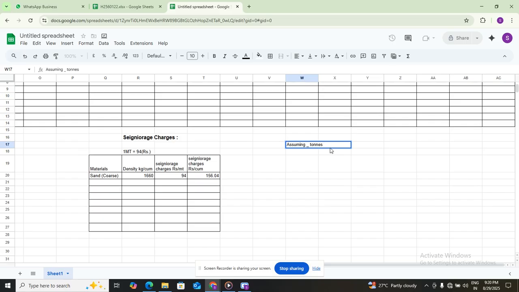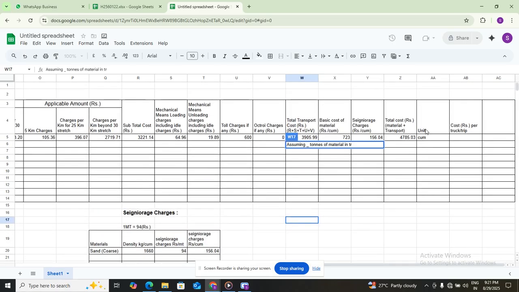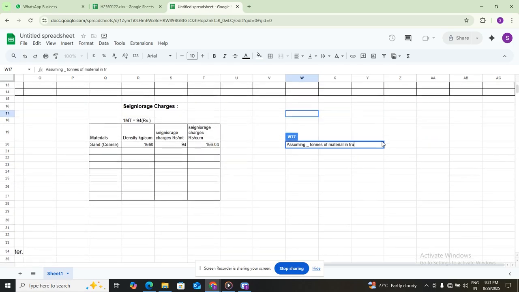I am assuming 30 tons of material in the truck.